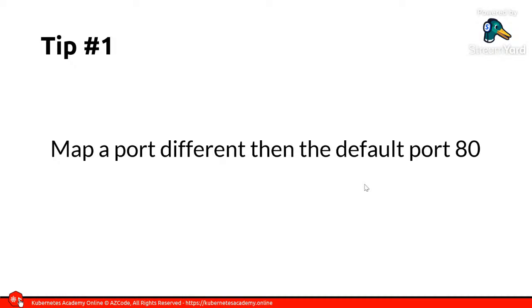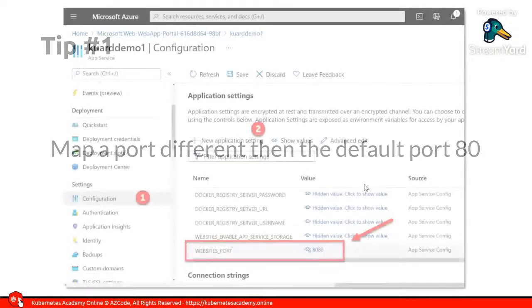So let's say you configure your container to listen on port 8080. How can you route traffic from the port that App Service is listening on, so port 80, to your port 8080 that your container image is listening on?